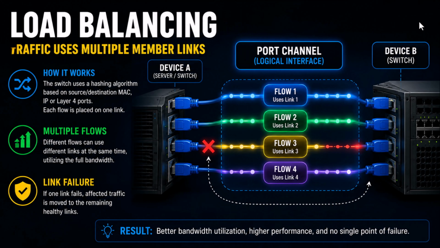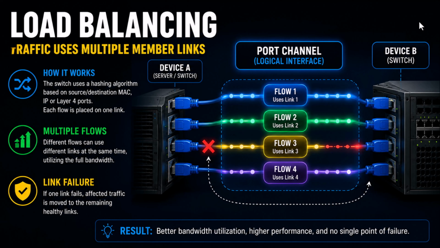Now you might ask, if there are 4 cables, does every packet go through all 4? Actually no. A single conversation or flow always stays on one physical link. The switch uses a hashing algorithm based on information like source MAC address, destination MAC address, IP address, sometimes layer 4 ports.